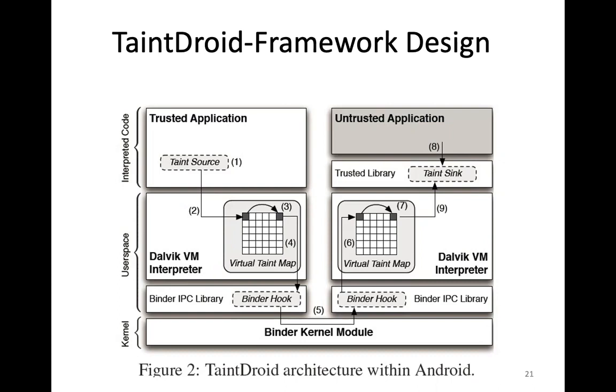The taint is propagated over there, and the trusted library with which the application interacts detects whether the information from the taint source is going into some taint sink that is not acceptable. So that's how TaintDroid detects taint at a whole system level rather than individual program level.